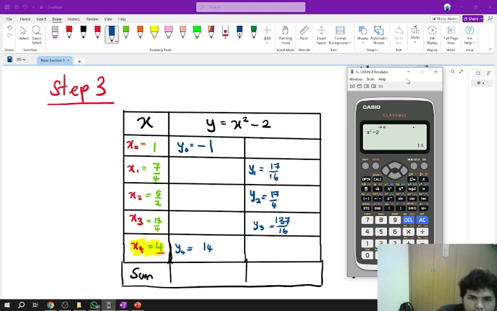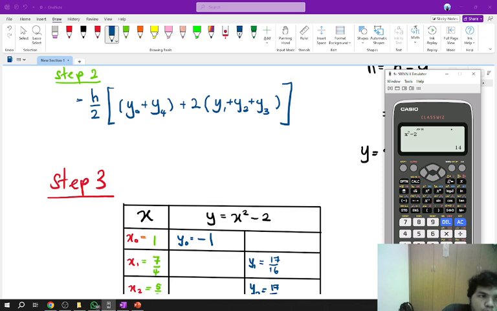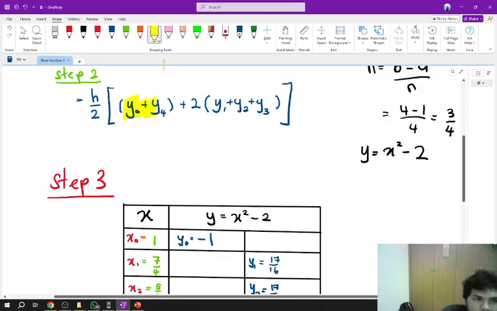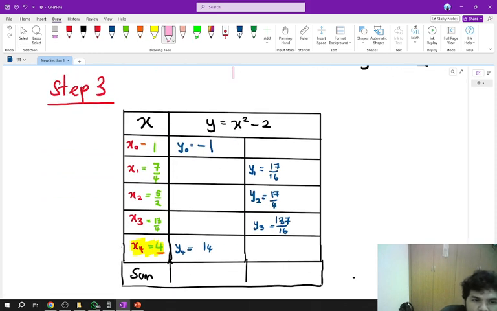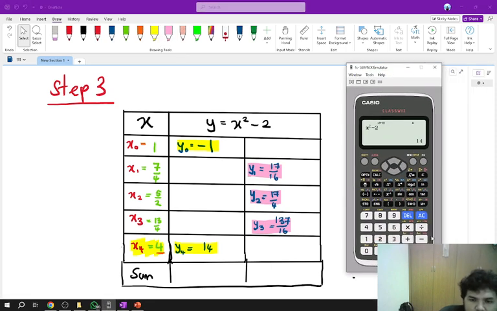Alright, so see how I split the beginning and the ending values of y into a different column. Why? Because I want to separate the two parts. To make things easy, the yellow part is the sum of the first value and the last value, and the inner part is the sum of y1, y2 and y3. Now we find the summation, the total.